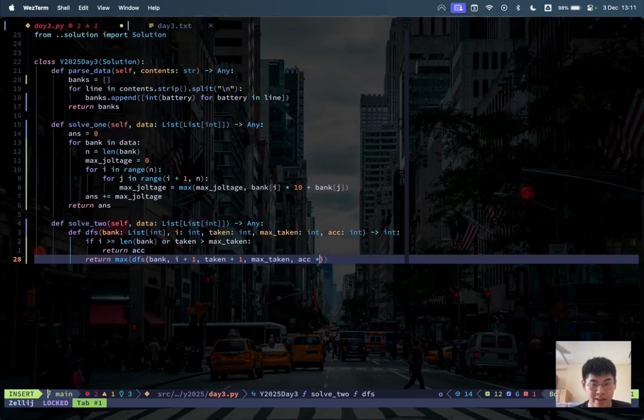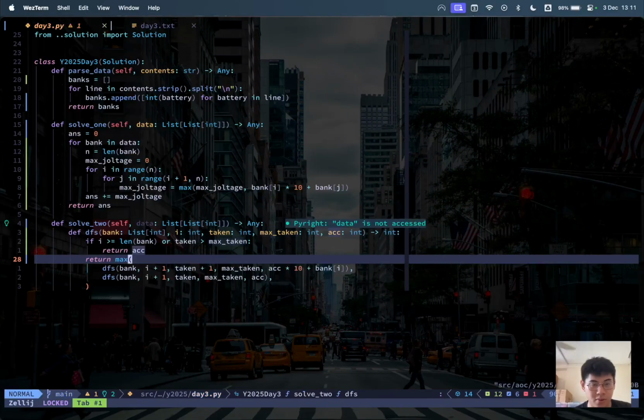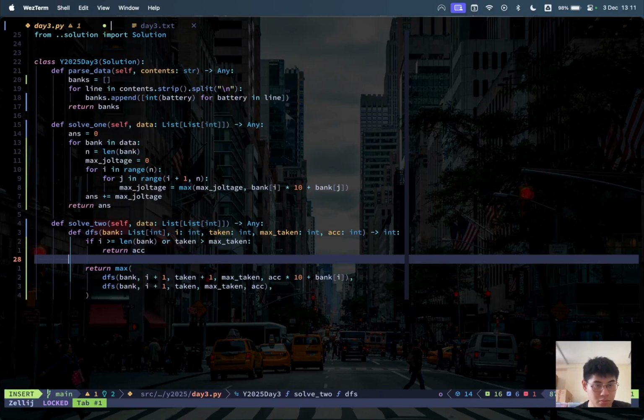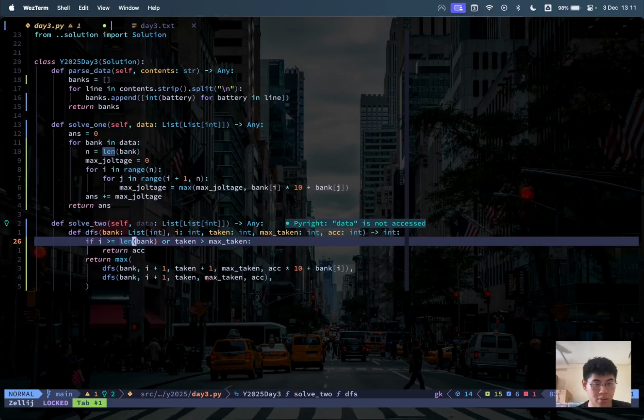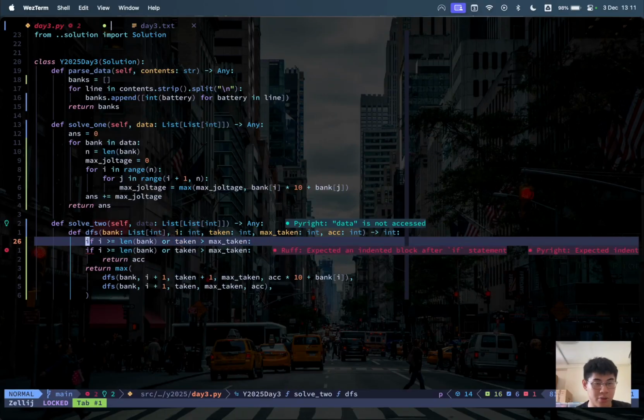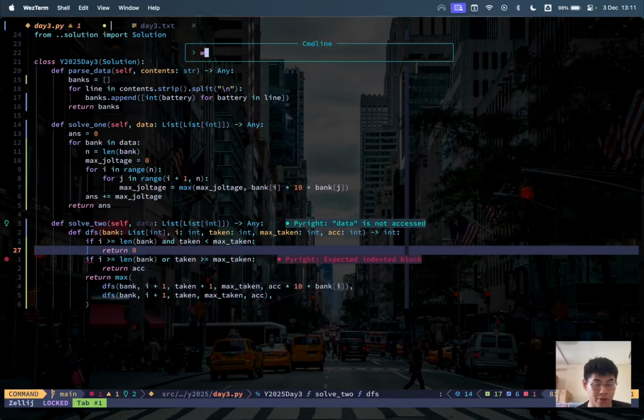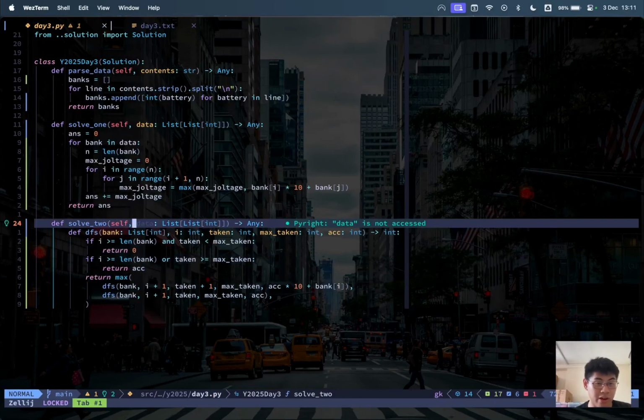We can say that it multiplies by 10 and then we include the bank of I, or the other alternative is I don't take it, right? And one thing we can also check is that if it is not less than n, we want to return 0 because there was no way it would have happened.